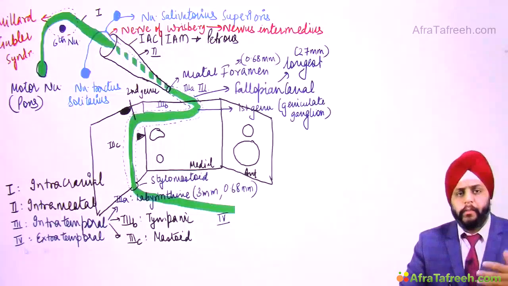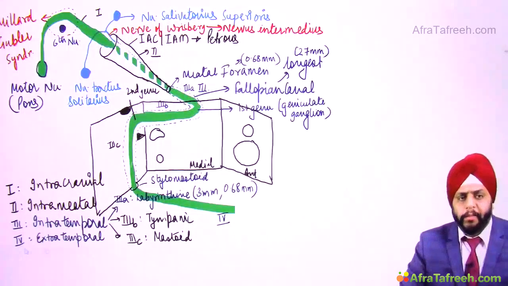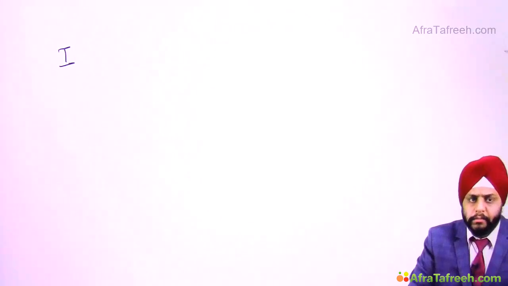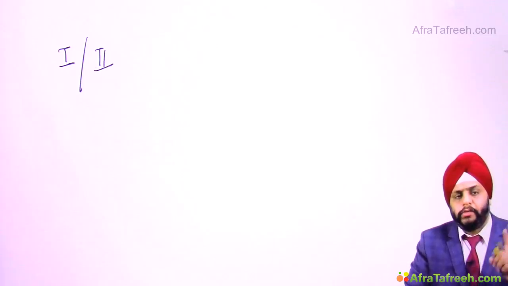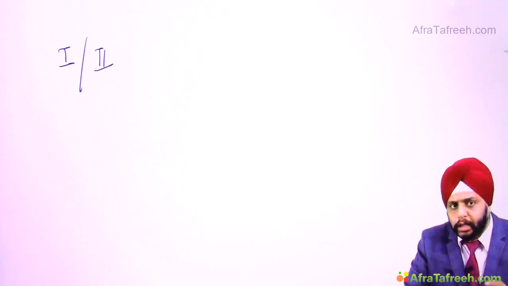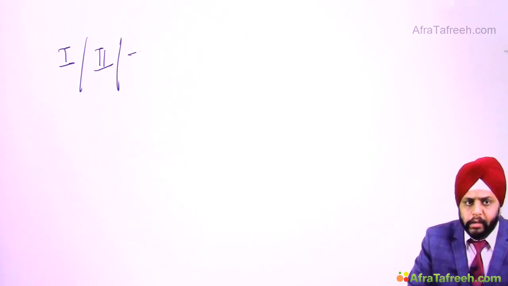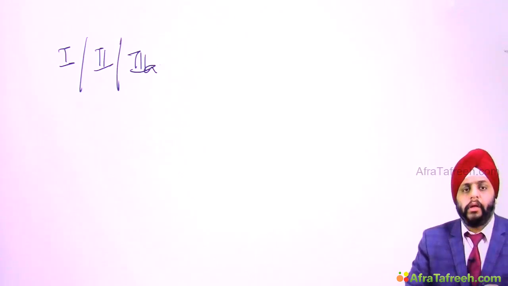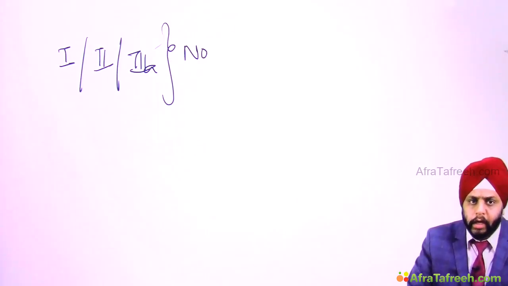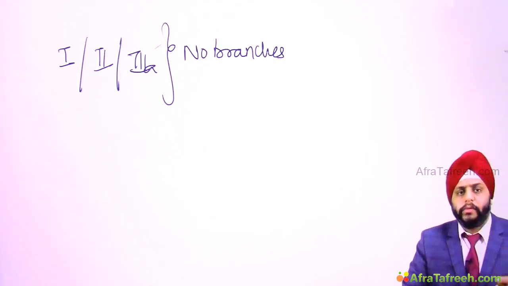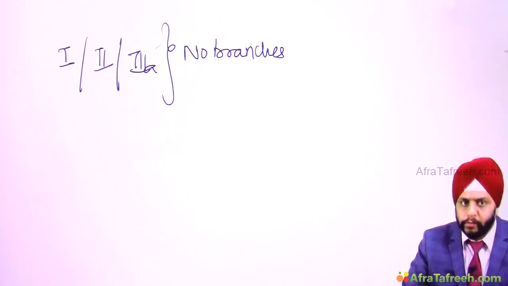So now when I say the branches of facial nerve, we should remember that segment 1, that is your intracranial segment, segment 2, that is your intrameatal segment, and segment 3A, that is your labyrinthine segment. Now these segments do not have any branches. So segment 1, segment 2, segment 3A, no branches.